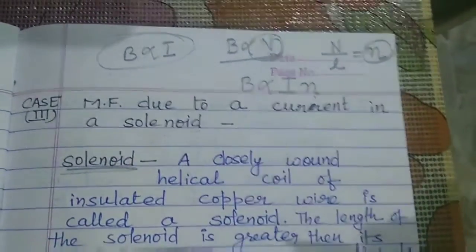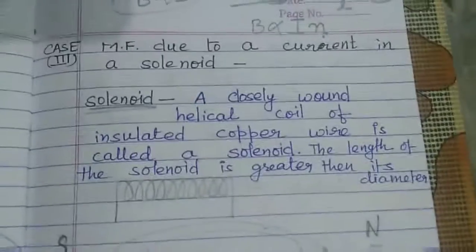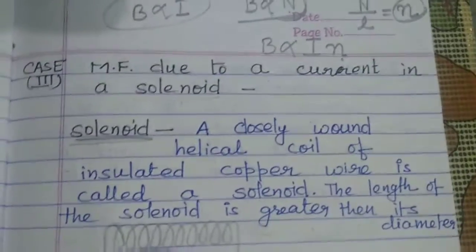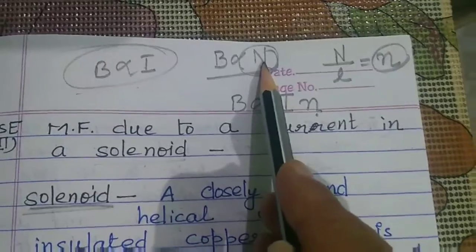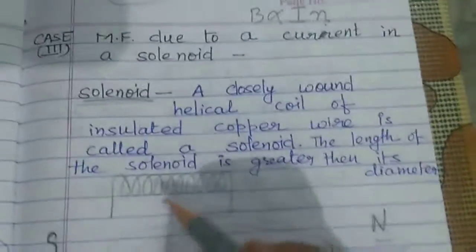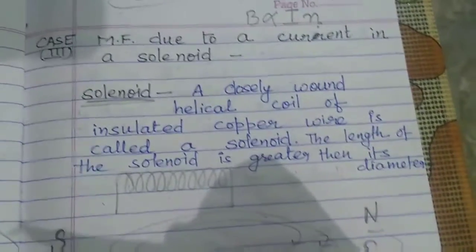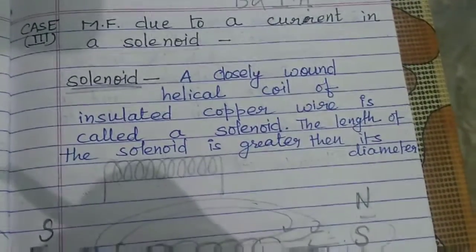Because in a current carrying circular loop, we were studying about the single loop. So we can make 2 loops, 3 loops, 4 loops or 10, 20 loops. So we consider the total number of turns. But here in case of a solenoid, there are a large number of turns which are closely wound.